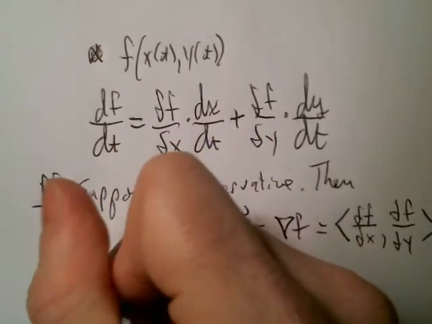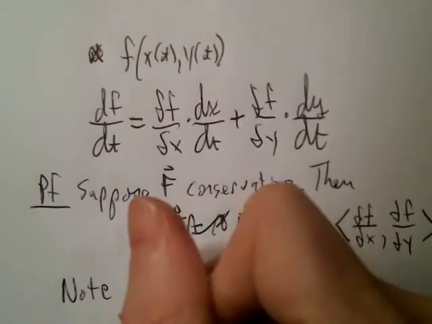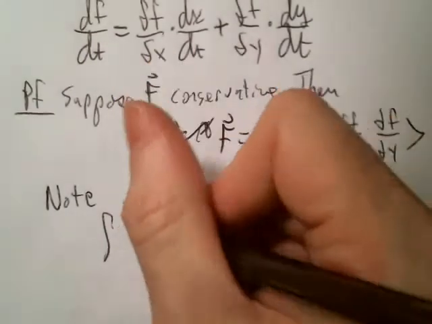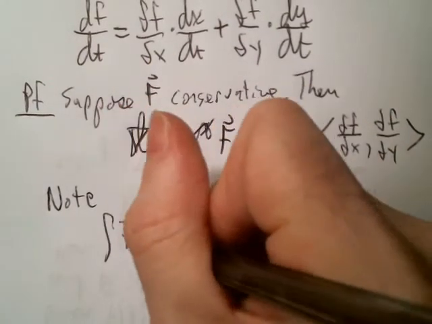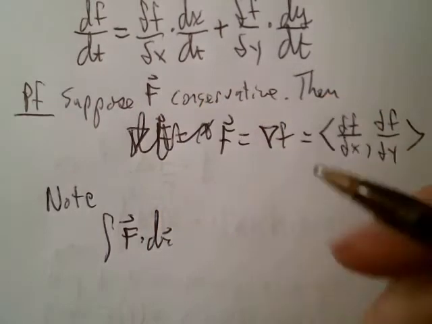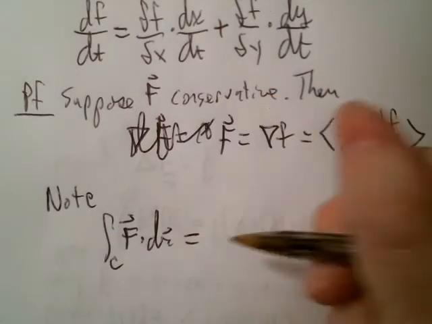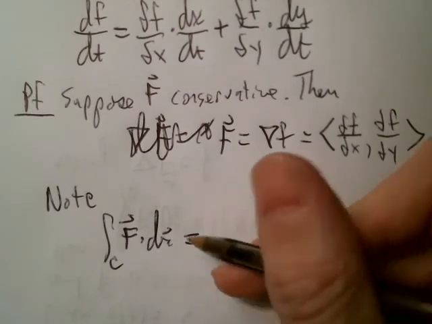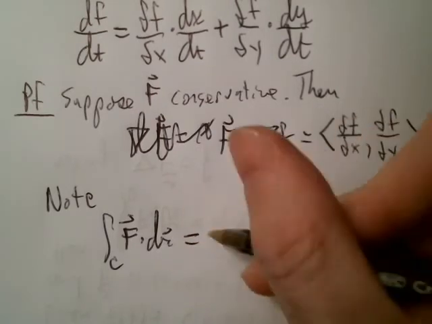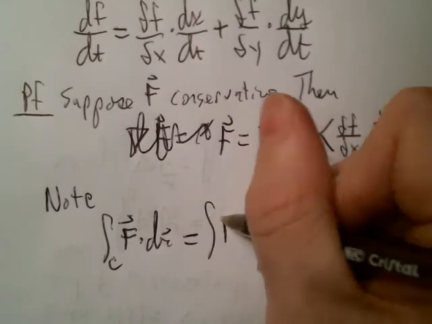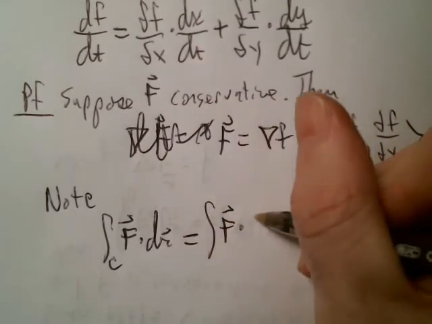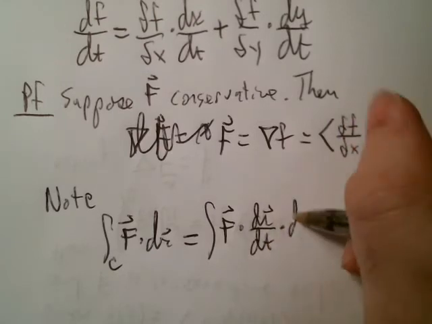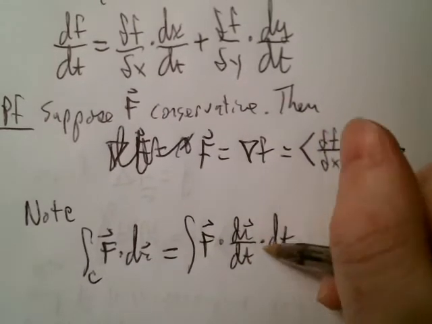So note then our line integral for the vector field over the curve C, f dot dr. Remind yourself that this dr element, we can rewrite that. So it's f dot dr with respect to t times dt, sort of abusing the notation.